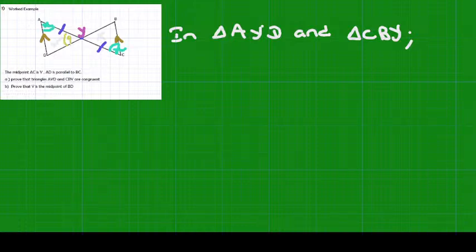If this is Q, this has to be Q. So now when you compare the two triangles, we have one pair of equal sides and two pairs of equal angles, which means we can use AAS to prove that these two triangles are congruent.